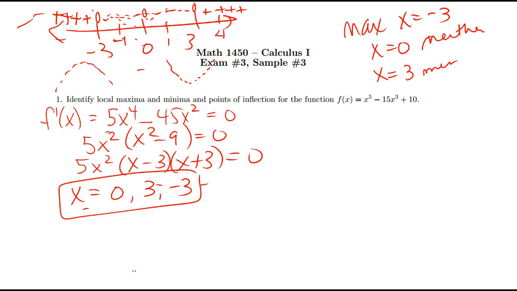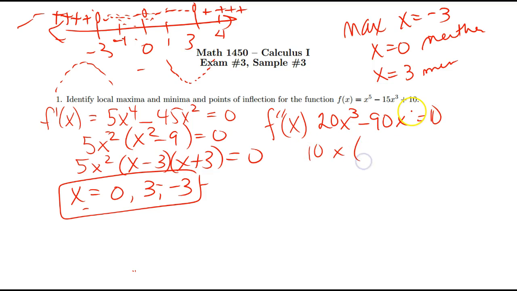All right, to find the points of inflection, we want to take the second derivative, which is going to be 20x to the 3rd minus 90x. Equals 0. Notice I can factor out 10x, and I have 2x squared minus 9.